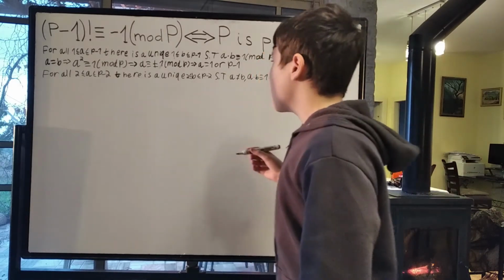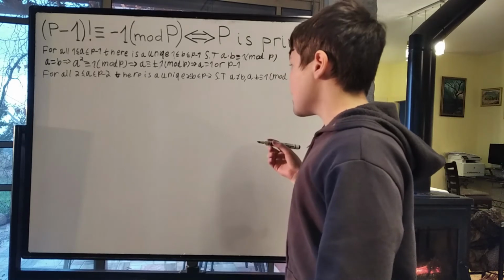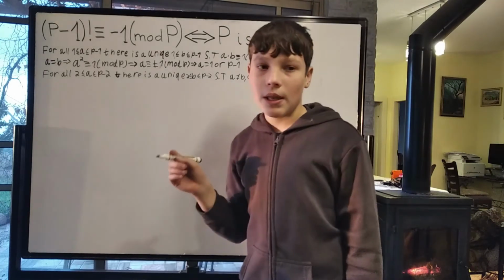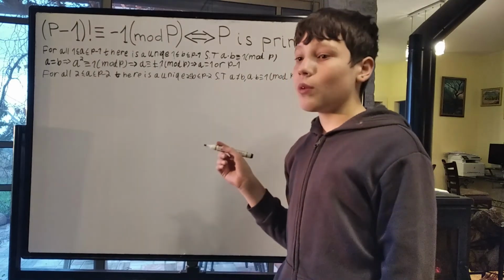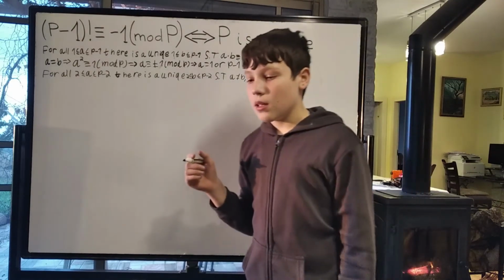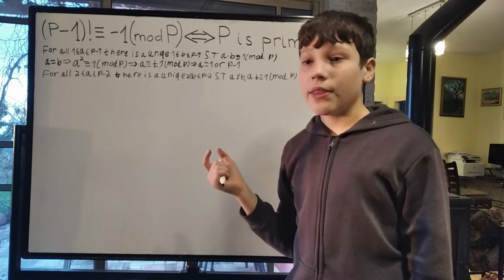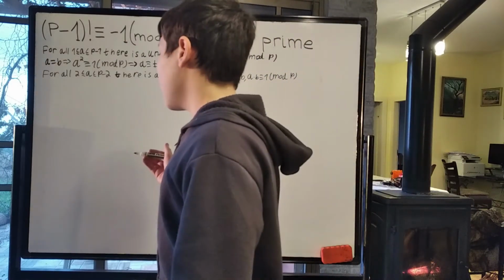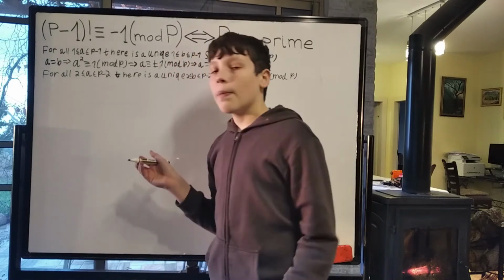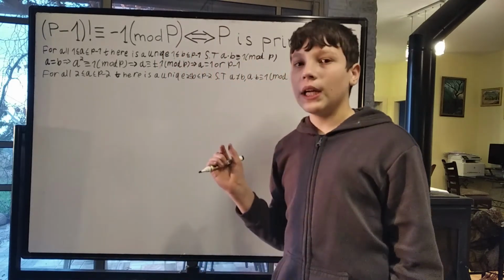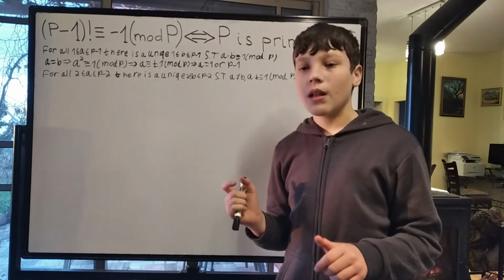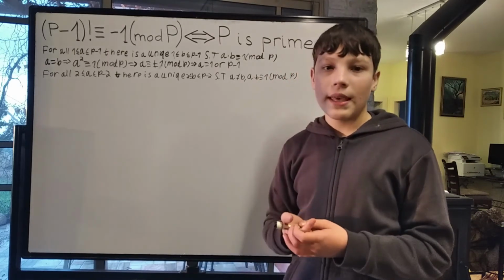Now, what we're going to do, like I said, is pair up each number between 2 and P minus 2 with its own inverse. Because no number in that group is its own inverse, everything will be fine. Imagine pairing up each one and multiplying them all together.